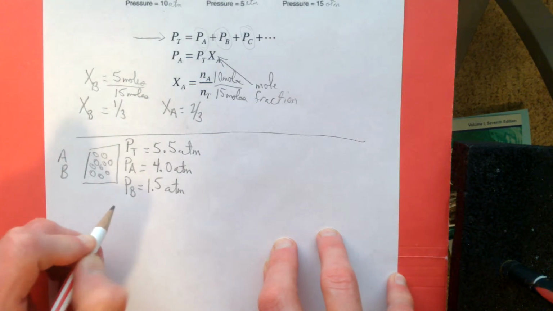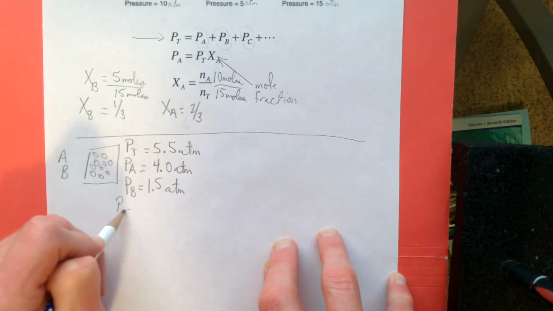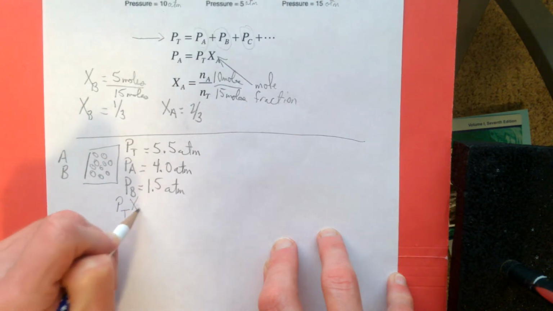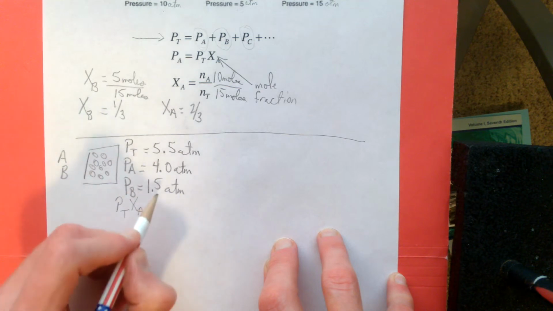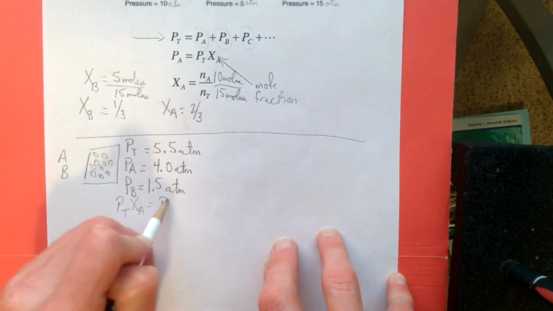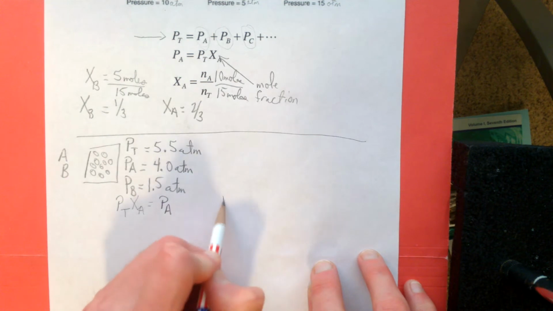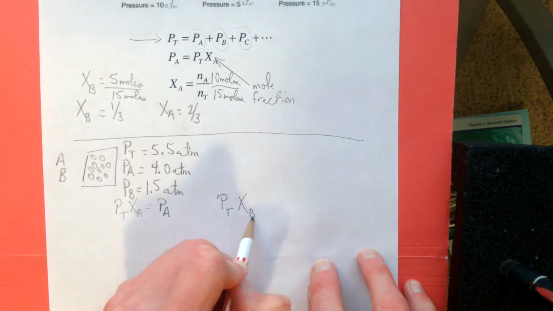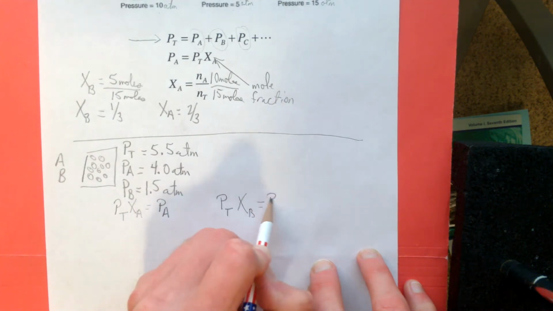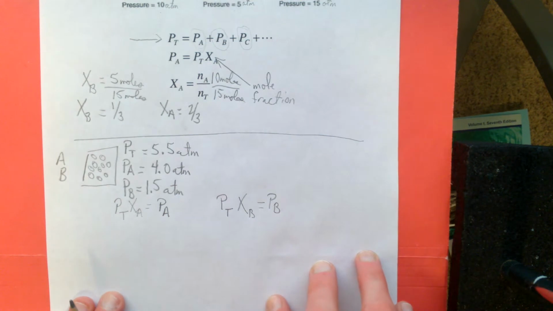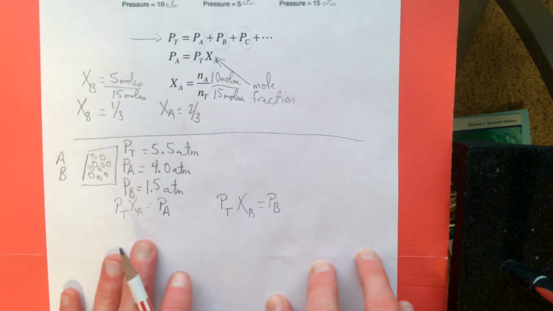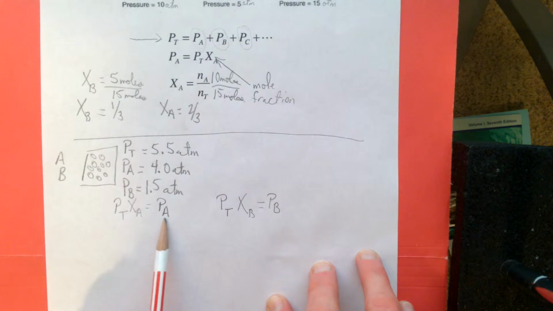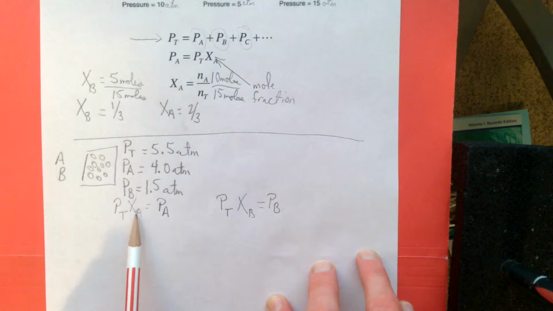If we take the total pressure and multiply it by the mole fraction of A, that's going to equal the partial pressure of A. And if we take the total pressure, 5.5, and multiply it by the mole fraction of B, we will get the partial pressure of gas B. I hope you're realizing as you watch this video that the partial pressure of a gas is dependent upon how much of that gas, how many moles, how many molecules, are present there.